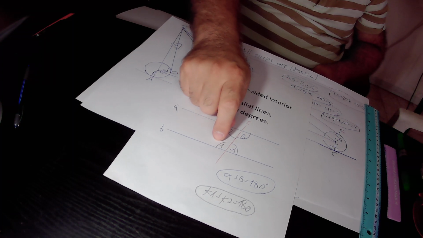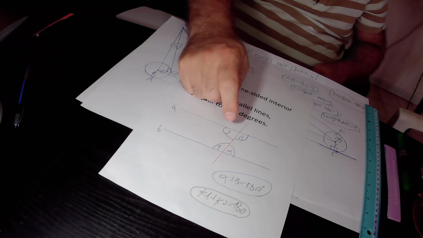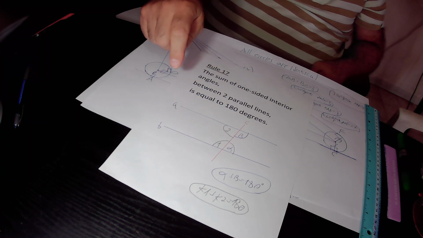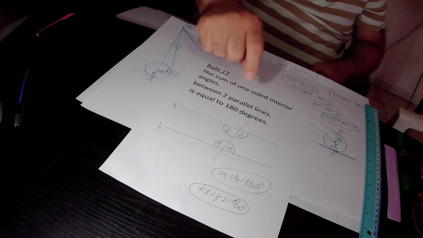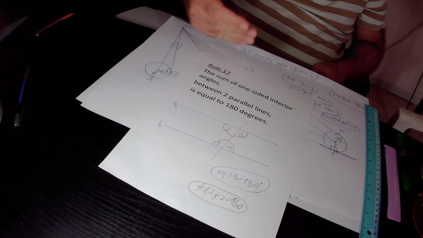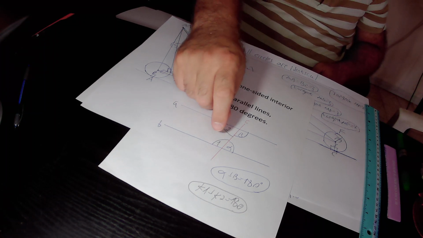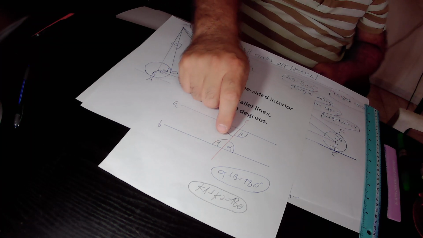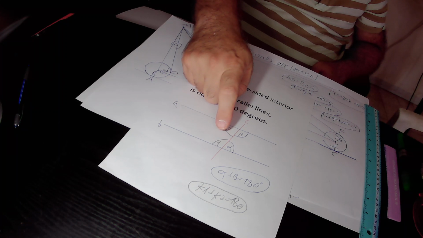They are one-sided because they are both located on the right side of the red line, C. And they are interior angles because they are located between the parallel lines A and B. So in total, they are one-sided interior angles. And according to this rule 17, the sum of 2 one-sided interior angles located between 2 parallel lines is equal to 180 degrees. So that is to say, angle 2 plus angle 1 equals 180 degrees.